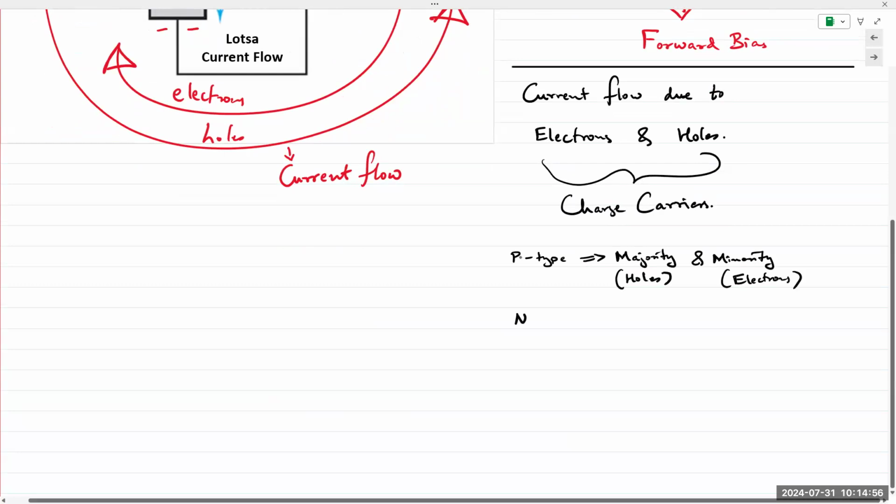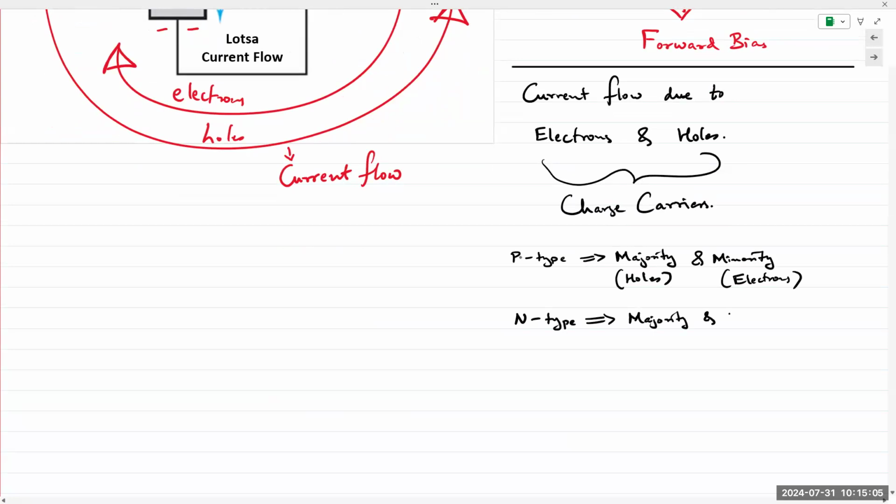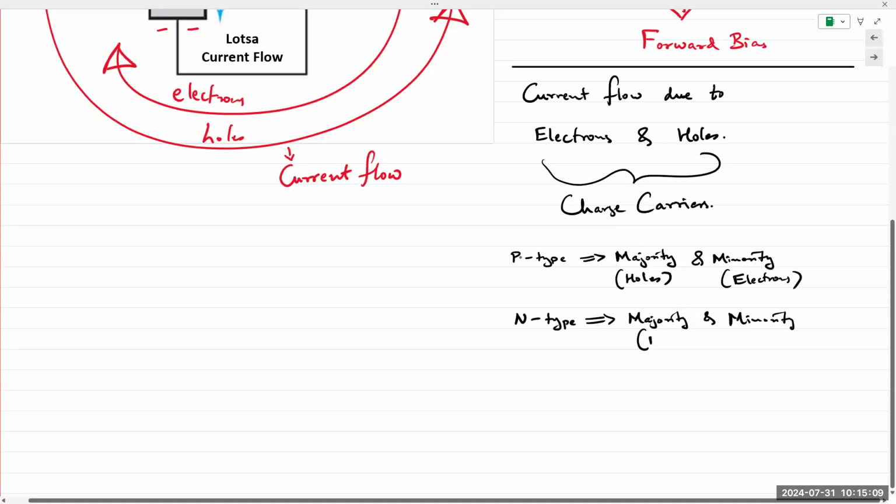In an n-type material, it's the exact opposite. The majority carriers are electrons and minority carriers are holes. So electrons and holes, okay?